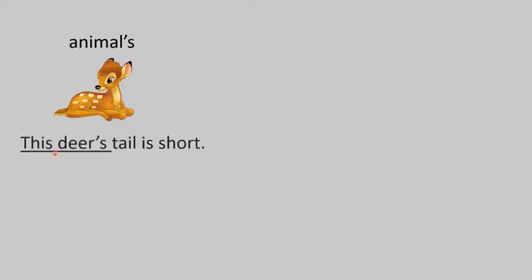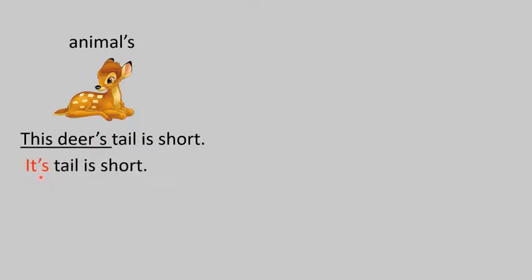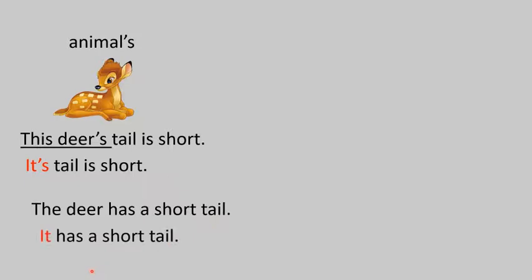For example, this deer's tail is short. We are talking about this deer's tail. So when there is an apostrophe with the word deer, you have to put the pronoun its tail is short. But if the sentence does not have an apostrophe like this, the deer has a short tail, the word it has to be used.